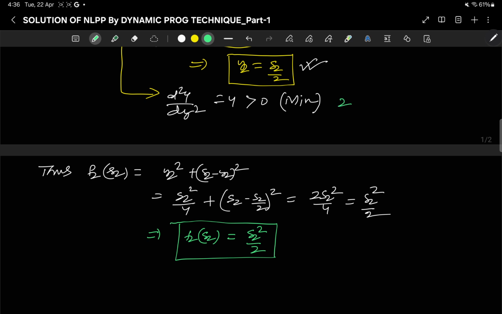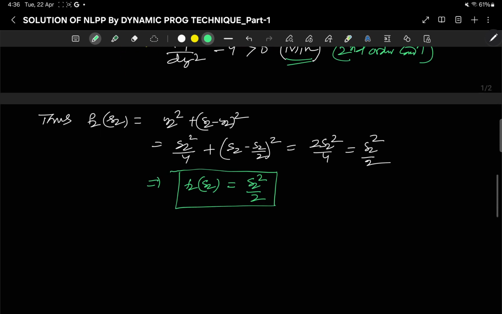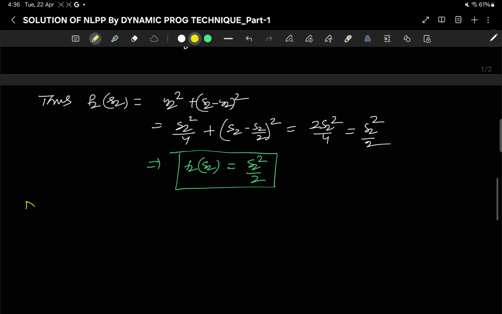This is because of the second order condition, whether the second derivative is positive or negative. Now we move to equation number 3. Consider your equation 3. Here, what is f3(s3)? It is the minimization over y3 of y3 square plus f2(s2).